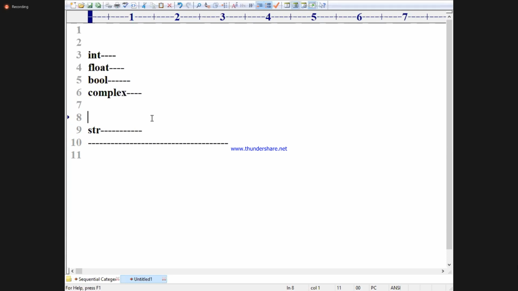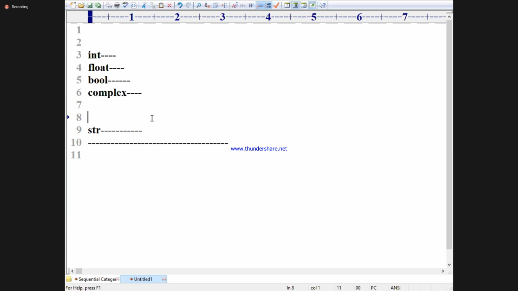So what is our heading? At this STR data type level, we are learning the typecasting concept. In everyday programming of Python, this will compulsorily come. Already we learned base conversion functions. How many base conversion functions are there? 3. What are they? Bin of, oct of, hex of. Like that, we are going to learn the typecasting technique.